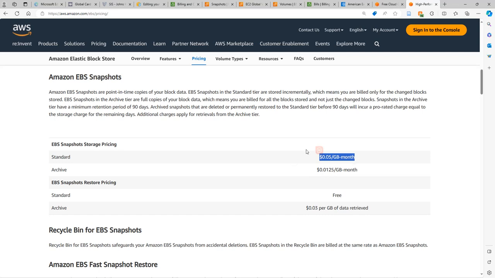but it will not be simply double the cost. If that's the case, I will be charged 0.1 times 30 here, which is another $3, right? $6.